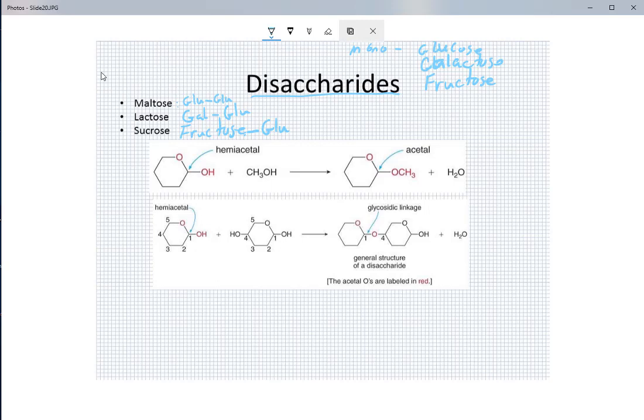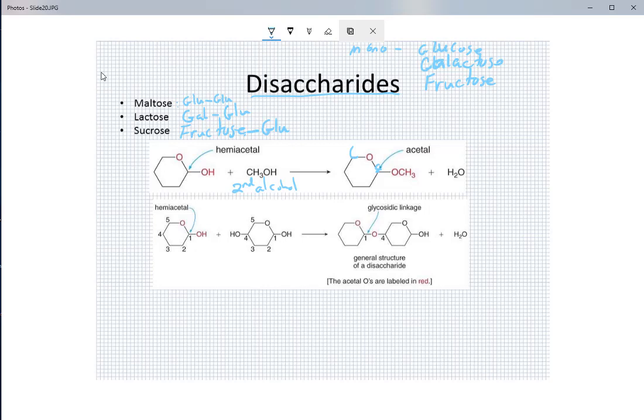Alright, so what we're going to do is join 2 monosaccharides. Remember, we have the cyclic hemiacetal. That's just one of these, say, glucose units. If we add a second, so this is our second molecule of alcohol, you get the acetal linkage. So carbon, oxygen, carbon, carbon, oxygen, carbon. It's an ether in both directions.